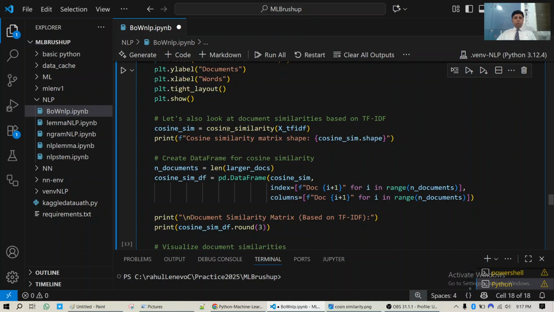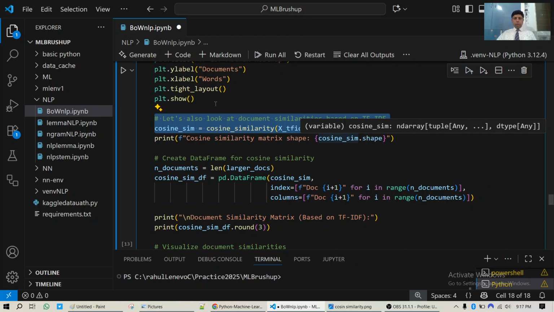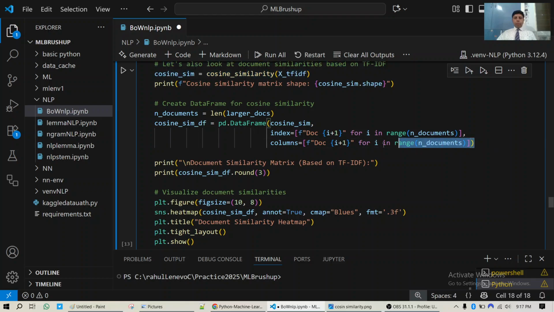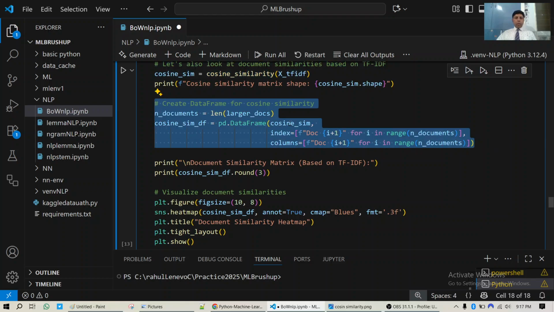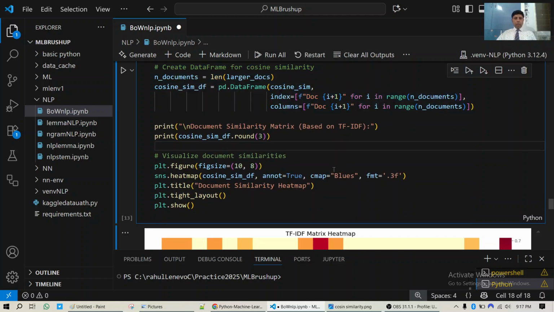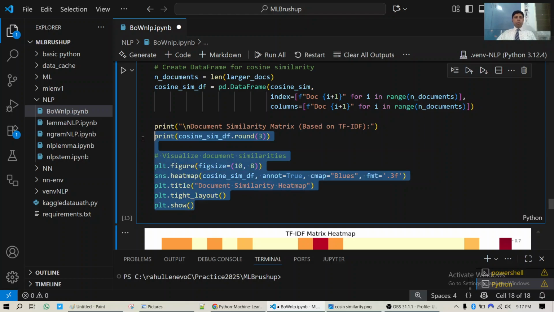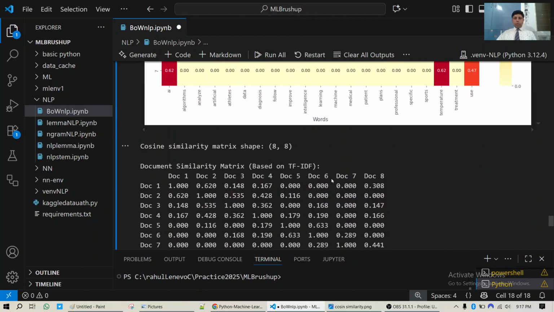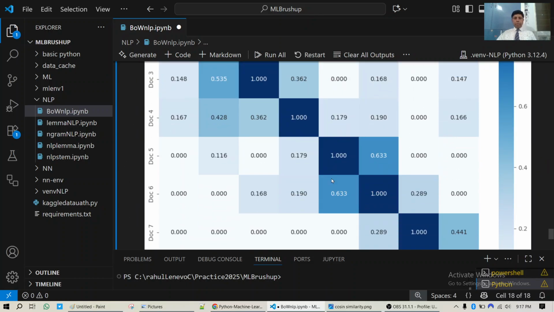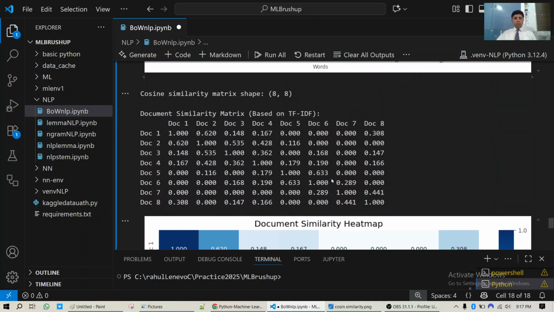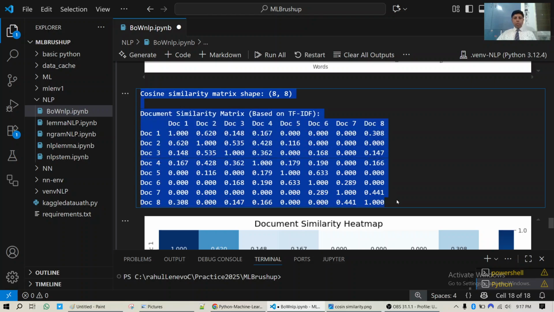I'm going to pass all these vectors, take them one by one and find the cosine similarity, then print it as a data frame, and plot a heat map. Let us see the results. I have plotted an 8 by 8.